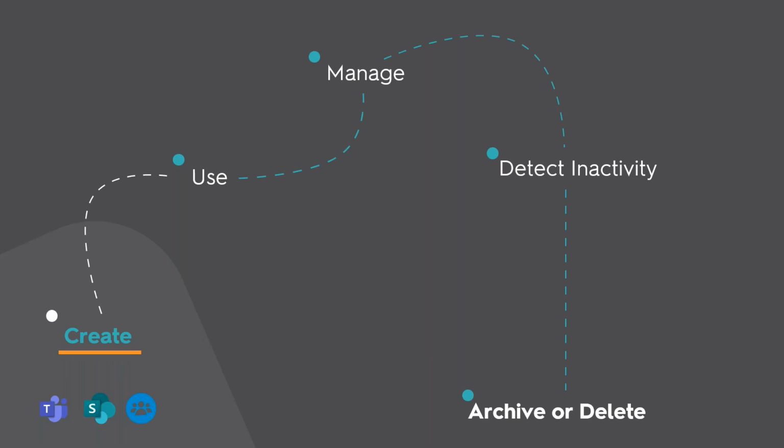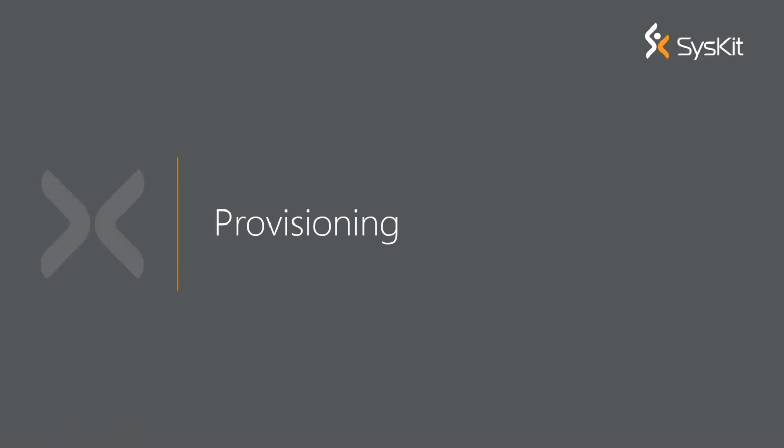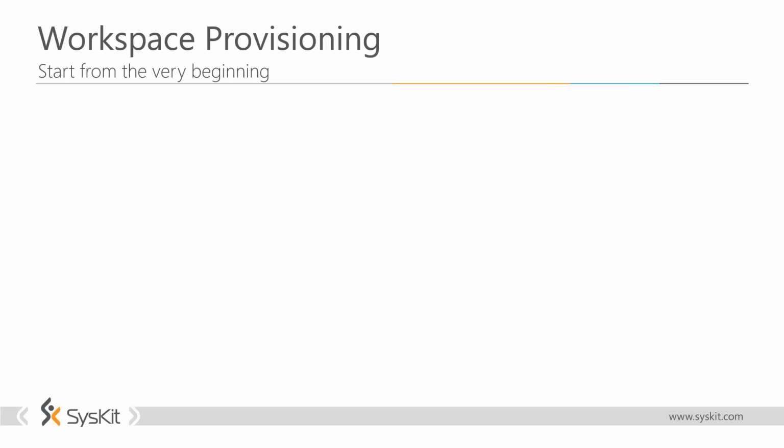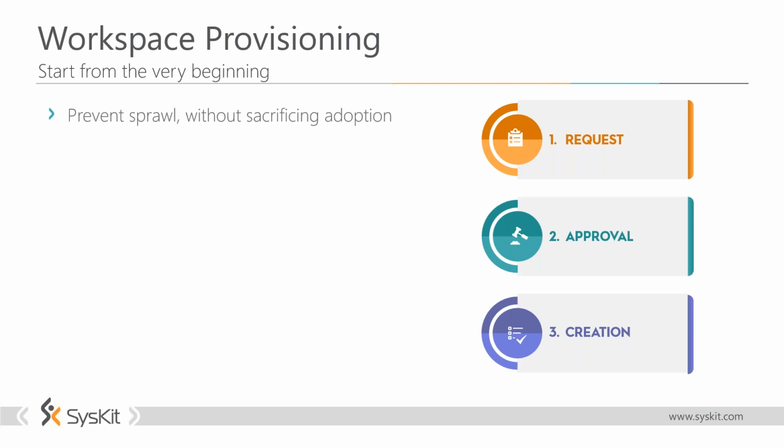Okay, now let's dive into the part where I'll explain how you can take control of your lifecycle management. All right. We'll begin with the creation of new artifacts in your environment, which leads us to provisioning. So the main idea of implementing workspace provisioning and taking control over the process of creating new workspaces in your environment is to actually prevent sprawl, as we mentioned before, without sacrificing the adoption. And that actually can be done with the process you can see on this infographic.